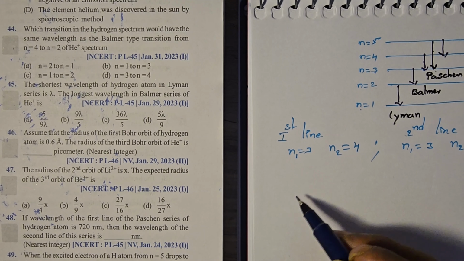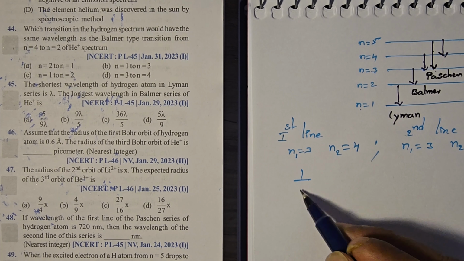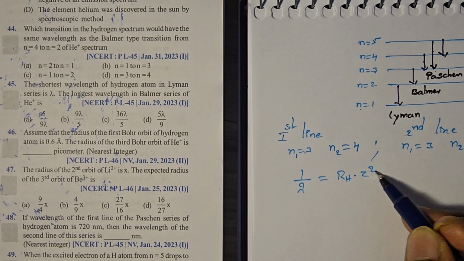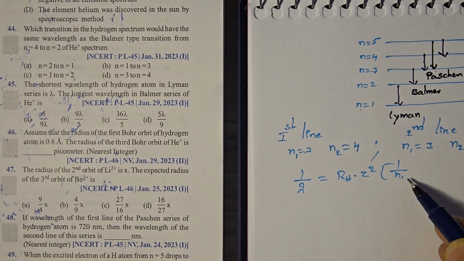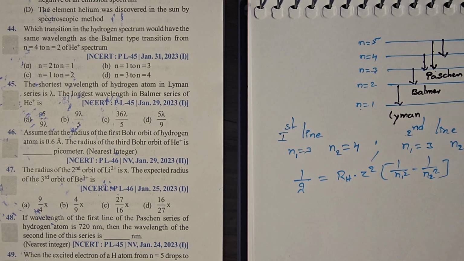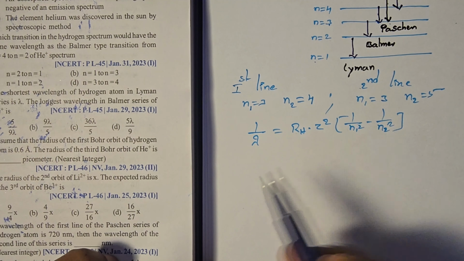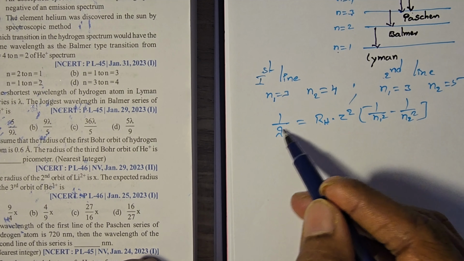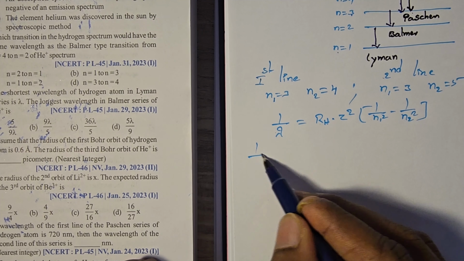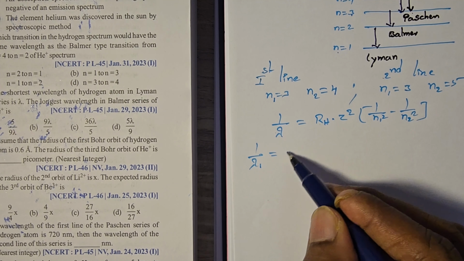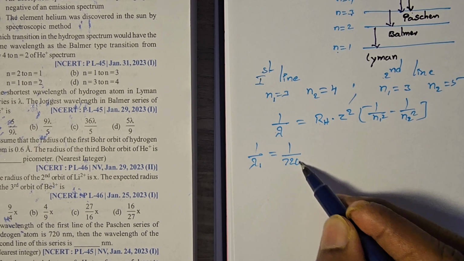So the Rydberg equation, you know that. What is the Rydberg equation? 1 by lambda is equal to RH Z square (1 by n1 square minus 1 by n2 square). In this Rydberg equation, substitute the values. This is the first wavelength, 1 by lambda 1. What value is given in the question? 720 nanometers.